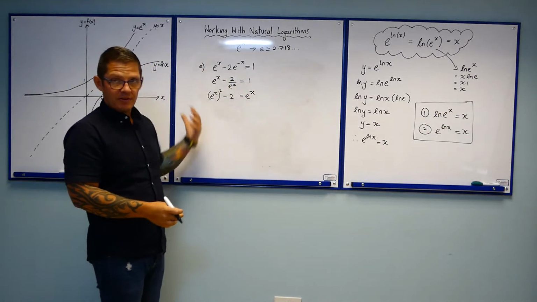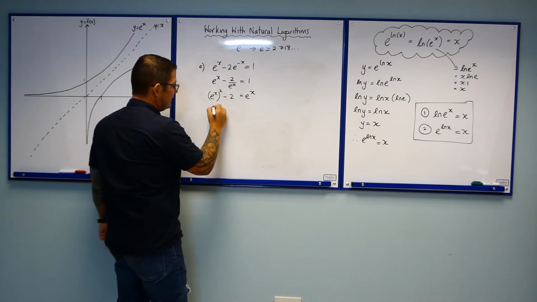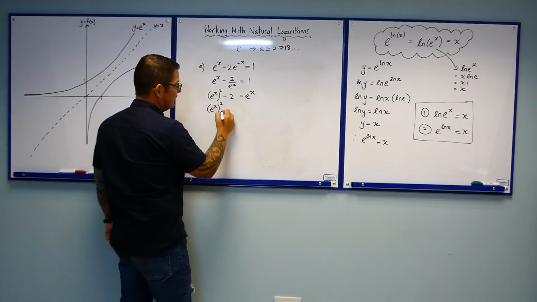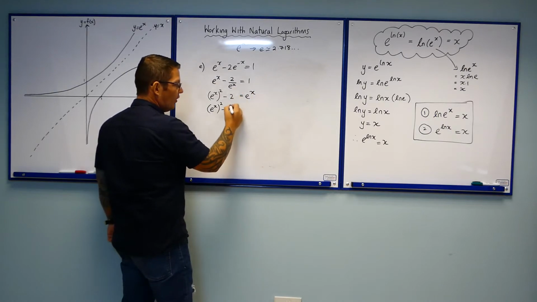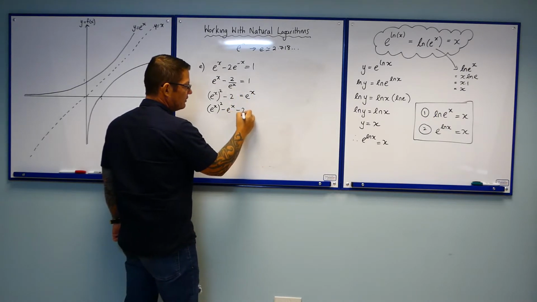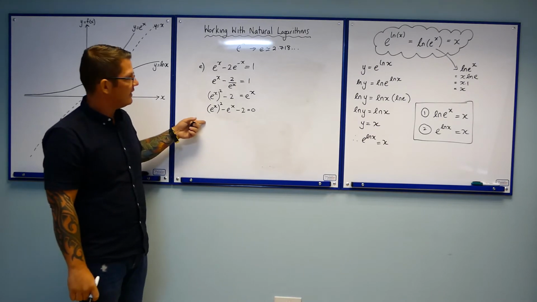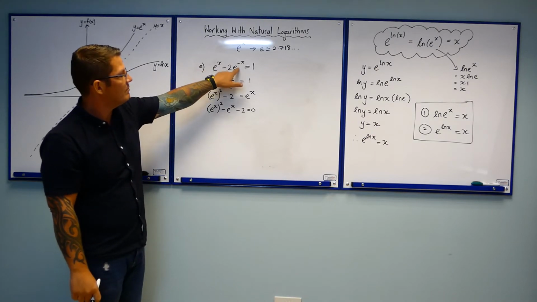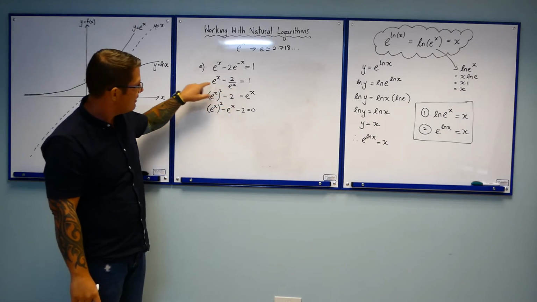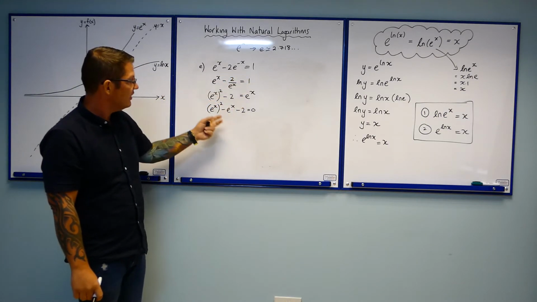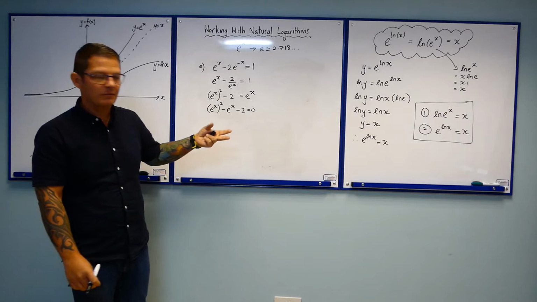Now if we take everything on one side, I've got e to the x squared minus, and I'm going to put it in the right order, e to the x minus 2 equals 0. And you can see now where our quadratic comes from. If we look again, that e to the minus x goes to the bottom, and then when we multiply through by e to the x, we get our quadratic terms.